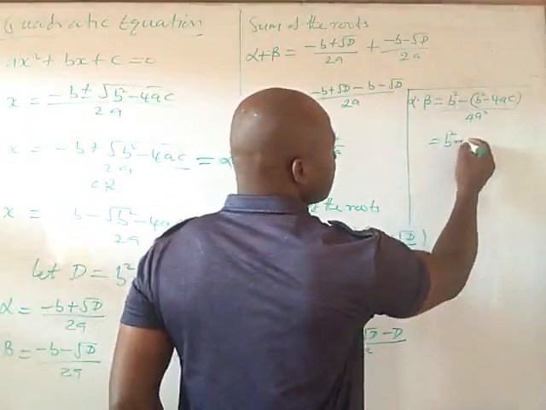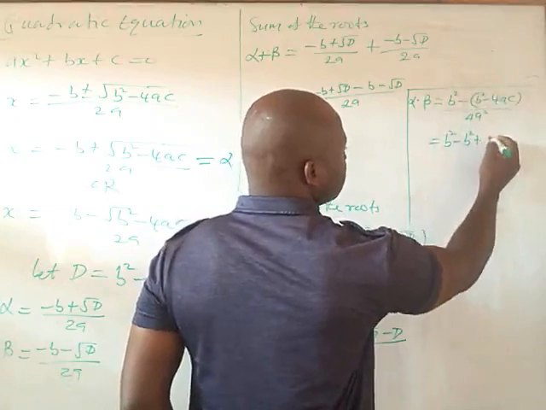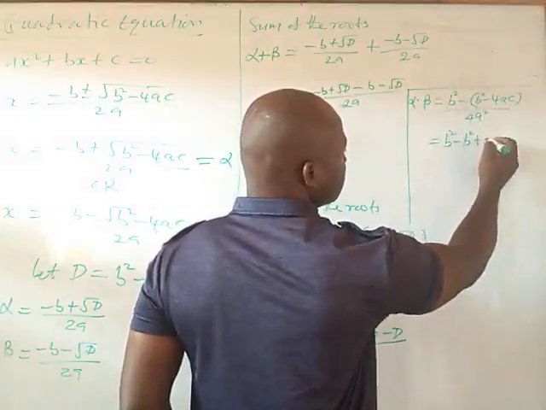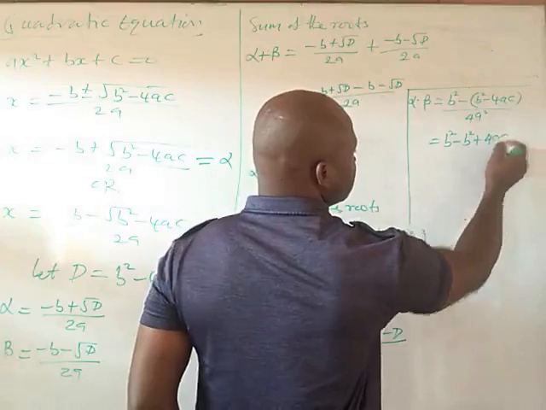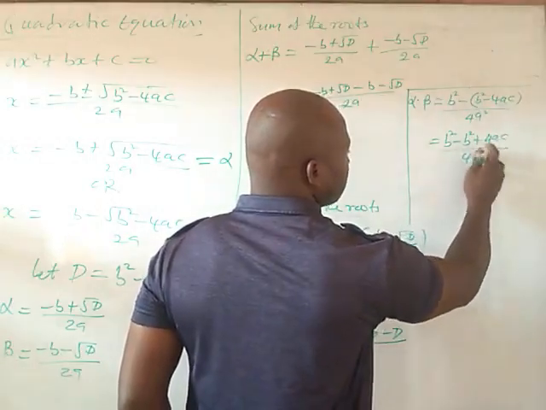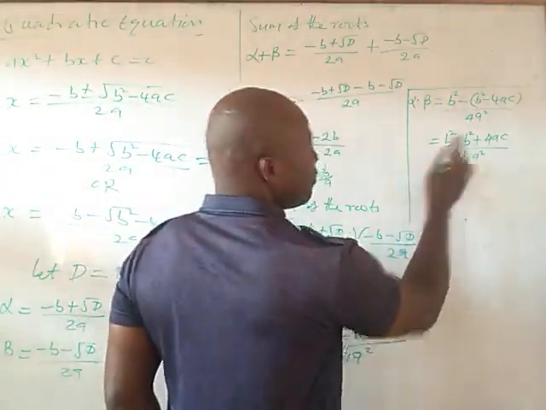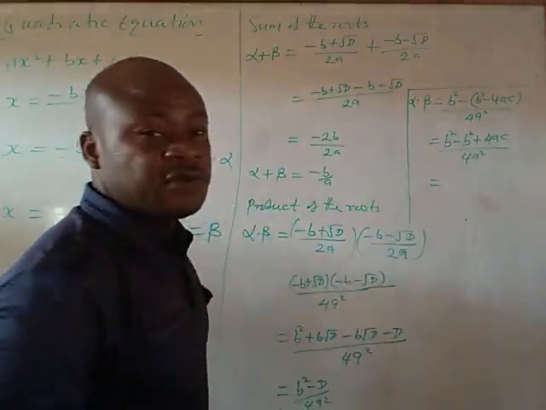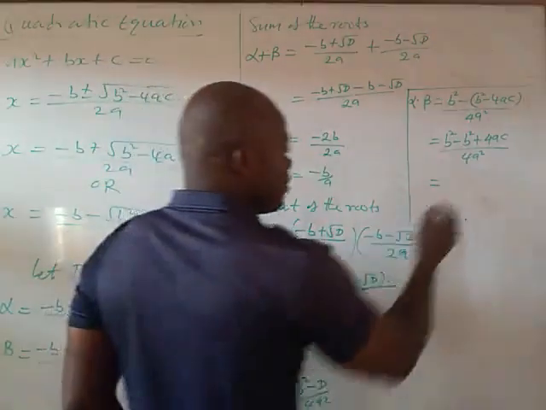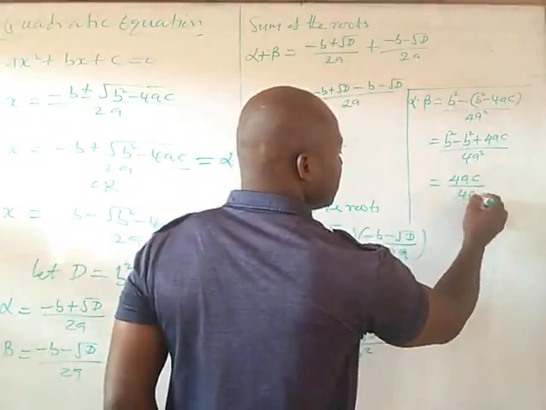If we open the bracket, we have minus b squared minus times plus will give us minus, times minus will give us plus 4ac over 4a squared.